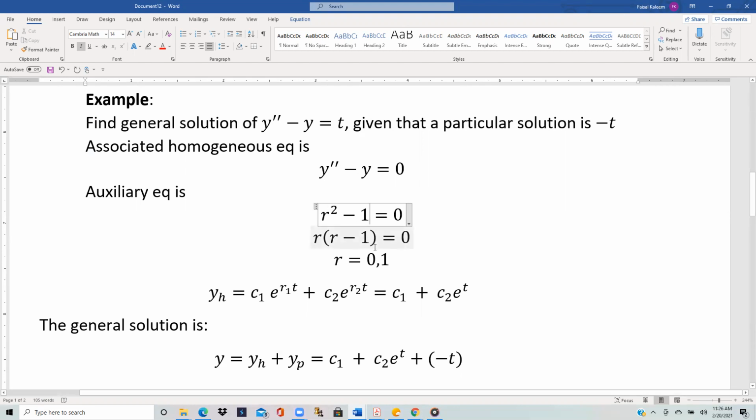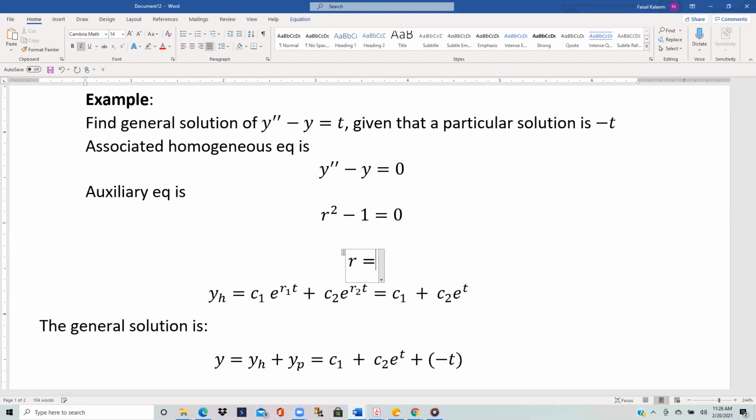So r will be plus or minus 1. So r is equal to 1 and negative 1. So this will not be here. r is equal to 1 and negative 1.